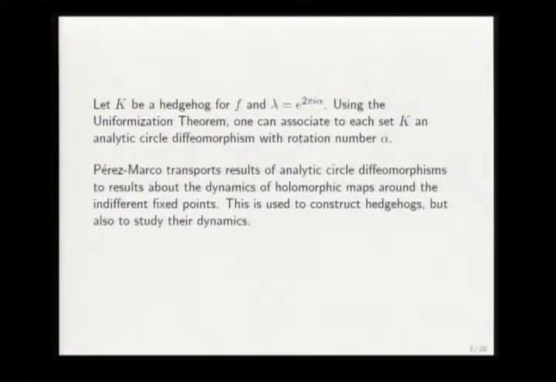I do not wish to go too much into details about this construction because, unfortunately, it won't be useful for hedgehogs in two dimensions because of the use of the uniformization theorem. So we'll do some other approach.